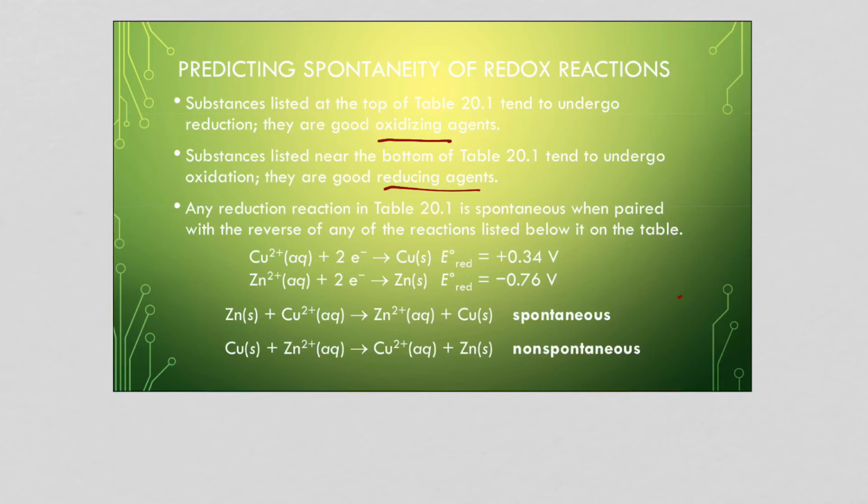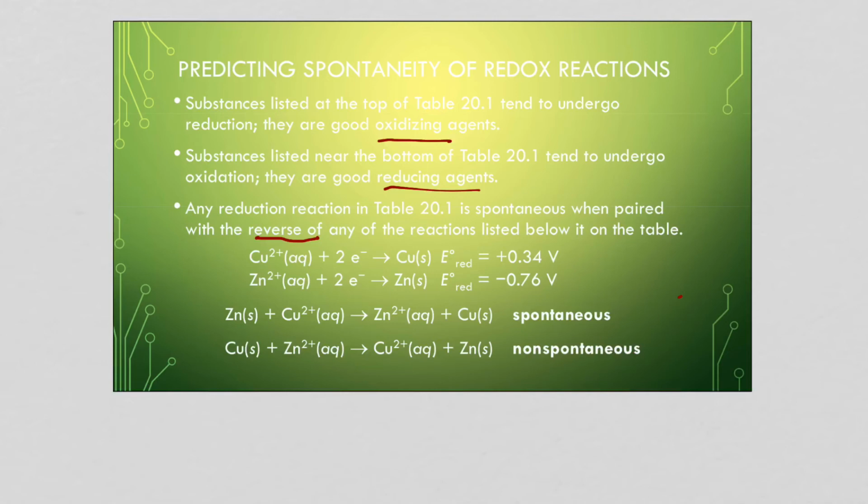One other way to think about it is any reduction reaction in table 23.1 is spontaneous when it's paired with the reverse, or the oxidation, of any of the reactions listed below it on the table. So we saw copper, reduction of positive 0.34 volts, so we could compare that with any reaction below it and it would undergo the reverse reaction.